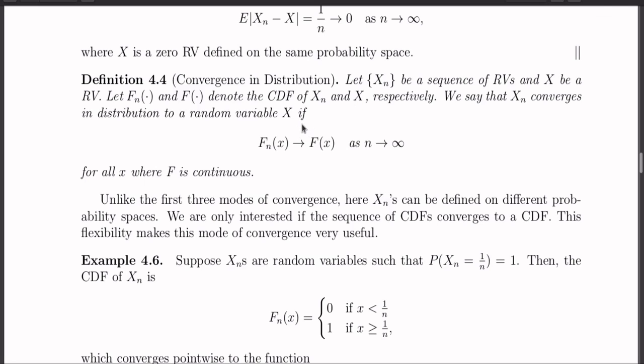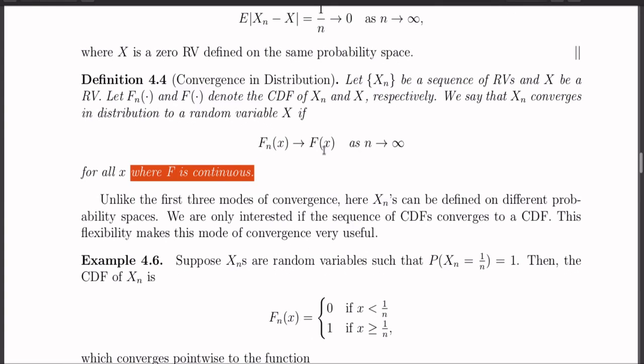The next point is that this convergence has to be true for all x where F is continuous. So I need to check this convergence for all continuity points of capital F. Why is this condition kept? The first thing has already been discussed: this is a more flexible mode, so it can be used in many different scenarios, and it is a very important mode of convergence.